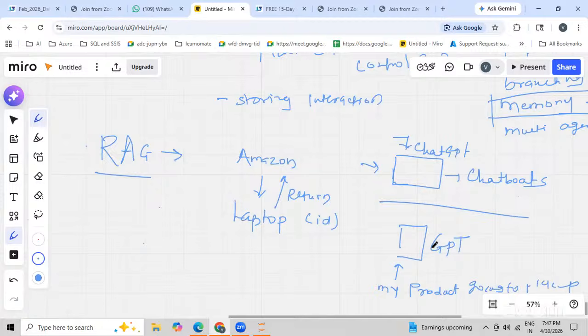Now tell me, if GPT doesn't know anything about the Amazon policy, is GPT able to answer your question? If the LLM doesn't have any idea about your Amazon information or Amazon policies about returns, will it give you a proper, accurate result?